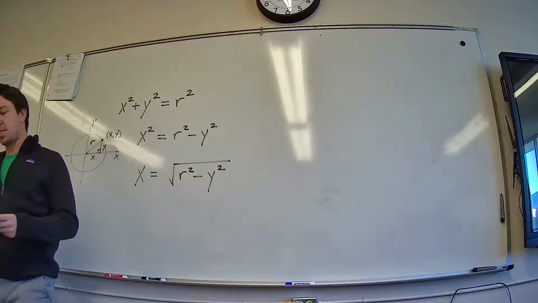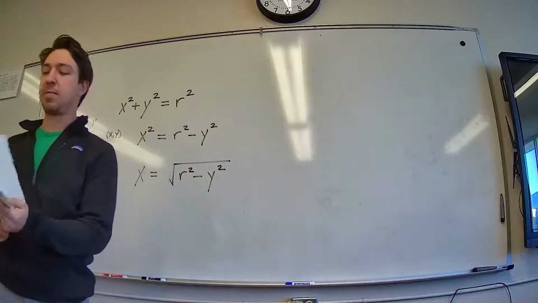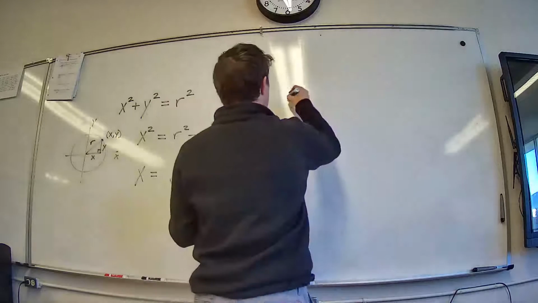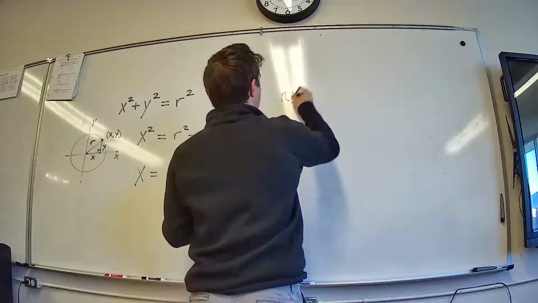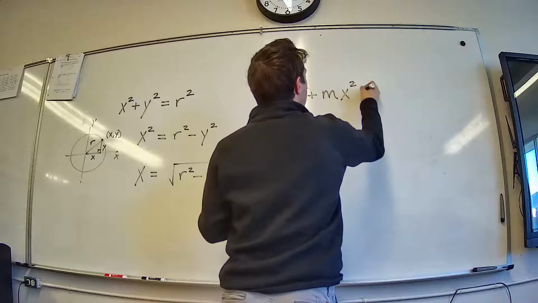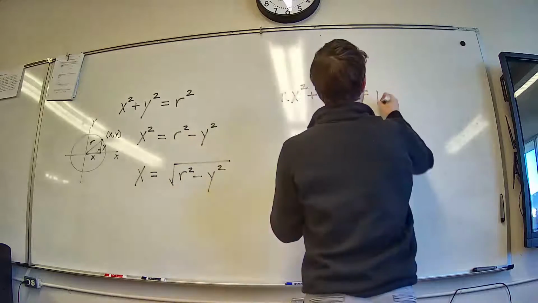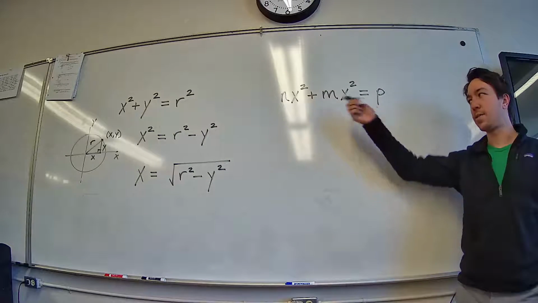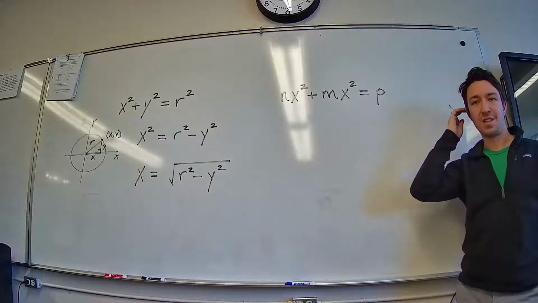So, one more of these. Let's look at B. B is really similar to that, right? But what makes this one a little bit different than the last couple of ones we've done?